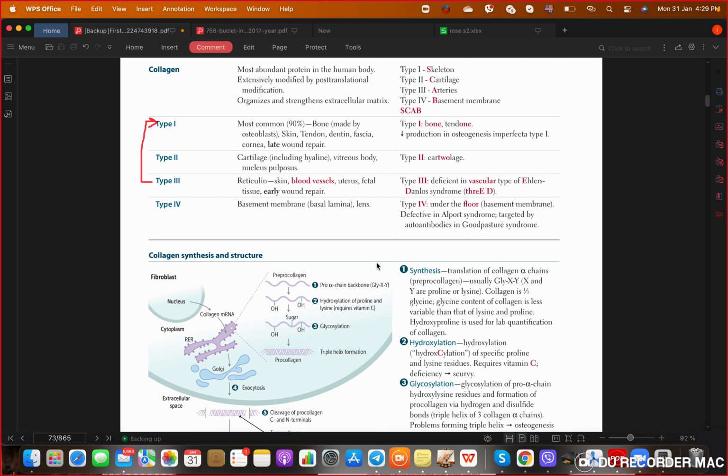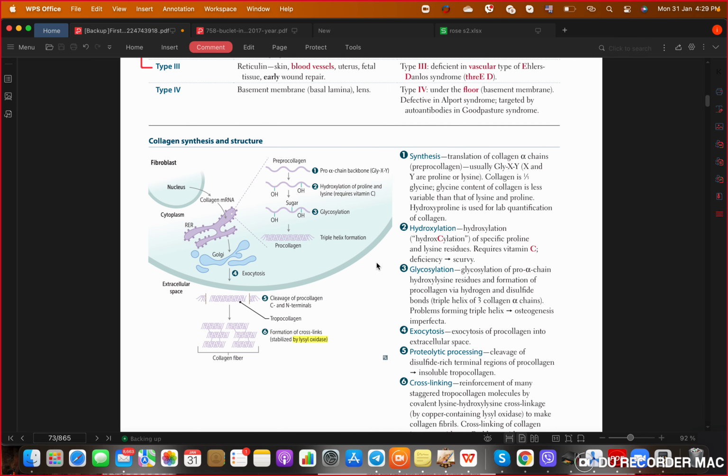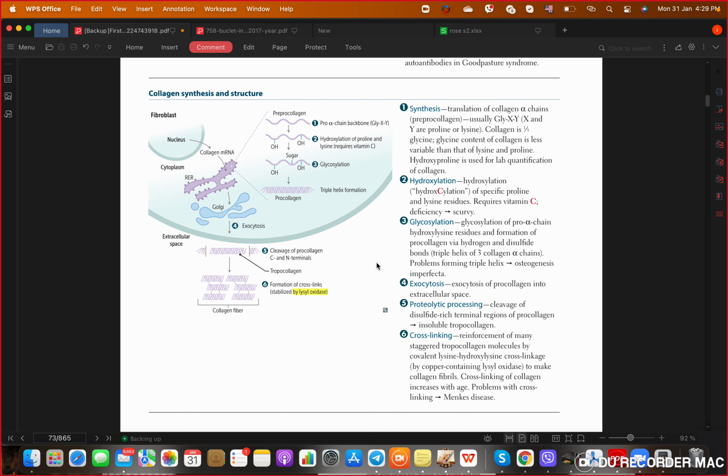So Alport's involves type 4 collagen, okay. Got it. Okay, good.